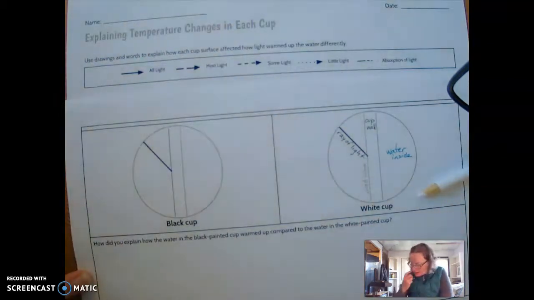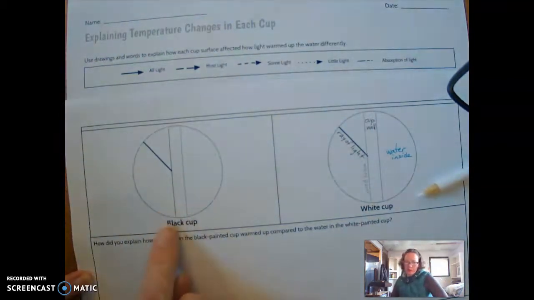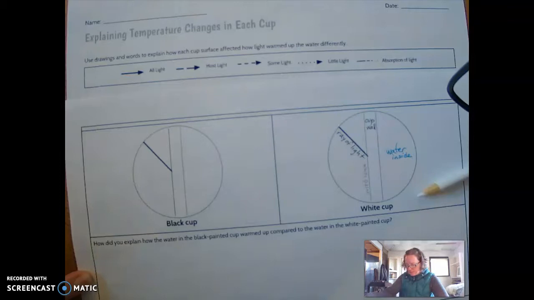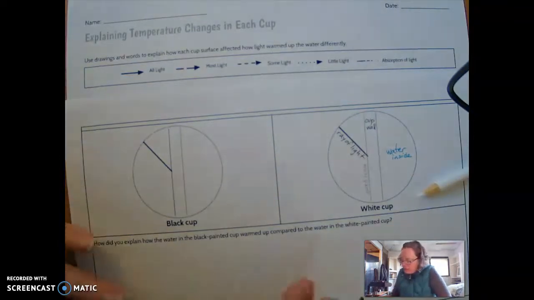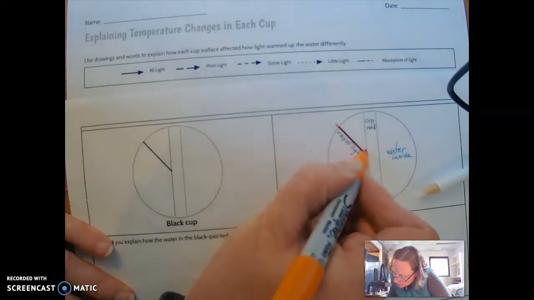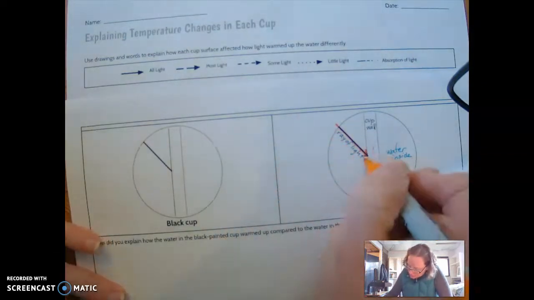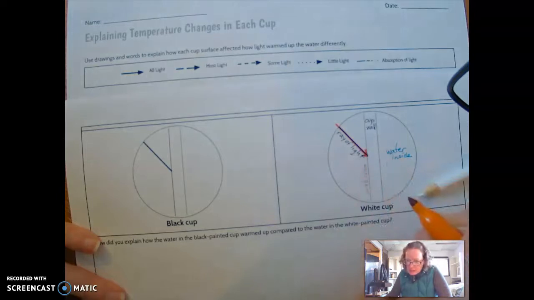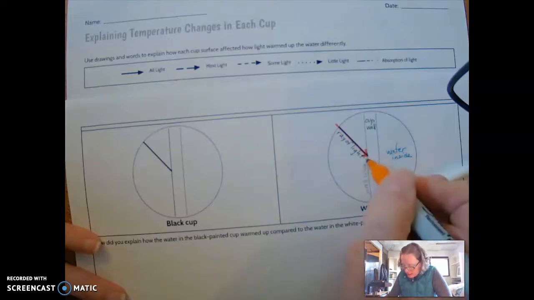So when we're talking about black, everybody talks about how it absorbs and warms up faster when it has black paint. But what happens to this ray of light when it hits the white paint? Okay. If you came in for our enrichment class on Friday, you would have been able to play with the light meter and you would see that some of the light is reflected off.